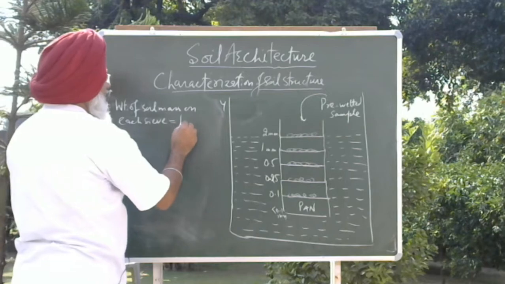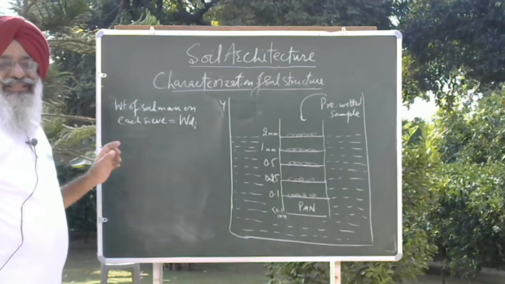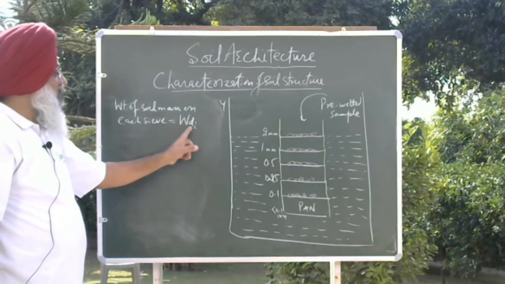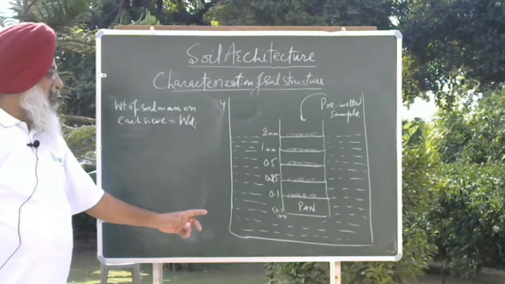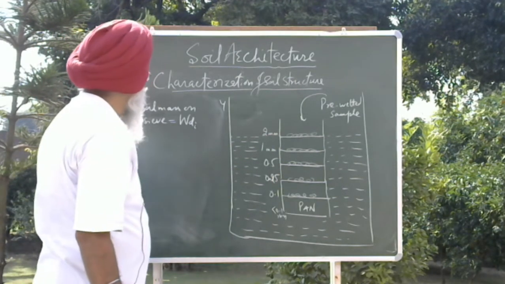So, let it be WDi, i is on ith sieve. So, weight of dry mass on ith sieve. This sieve could be 2 millimeter, 1 millimeter, 0.5 or whatever it is.